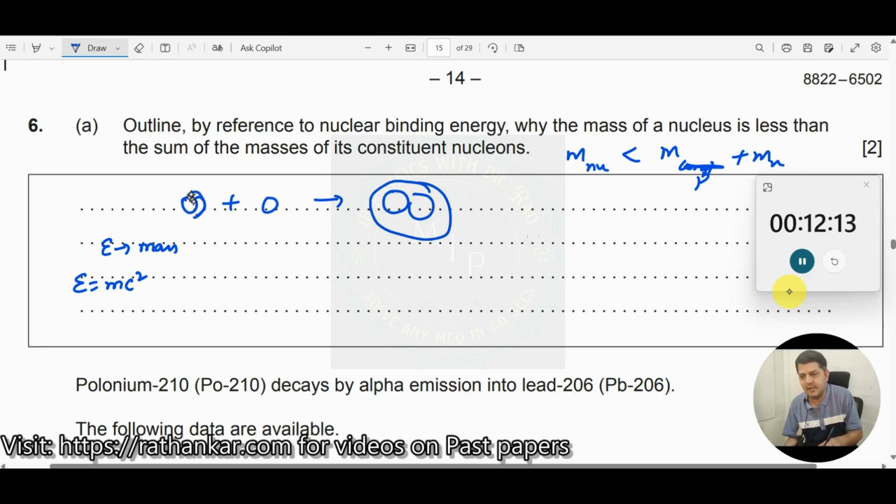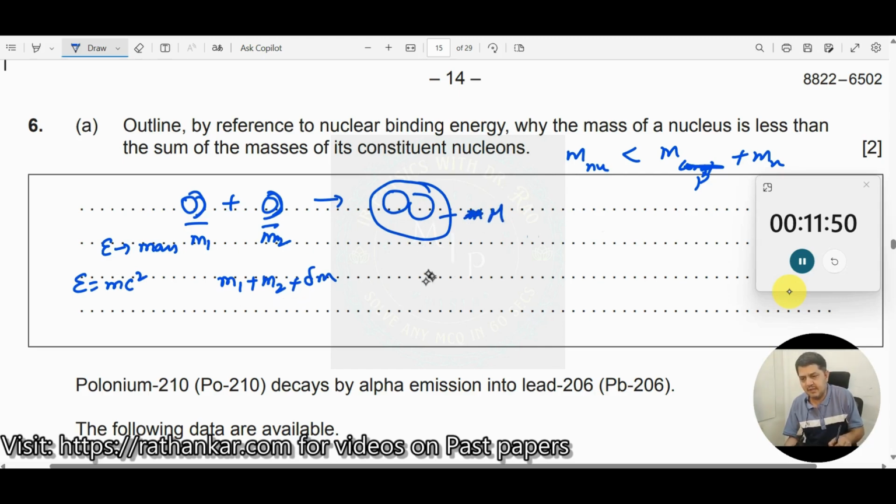So the sum of these 2 masses, let's say m1 and m2, while you do this fusion reaction, will no more be m1 plus m2, but m1 plus m2 plus some delta m. And after binding them, the total mass of this nucleus is just capital M.